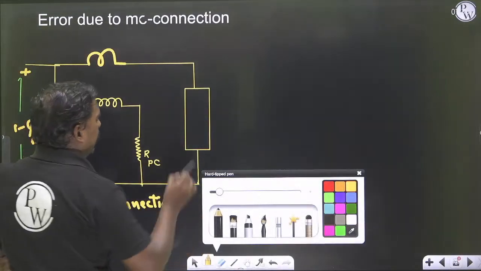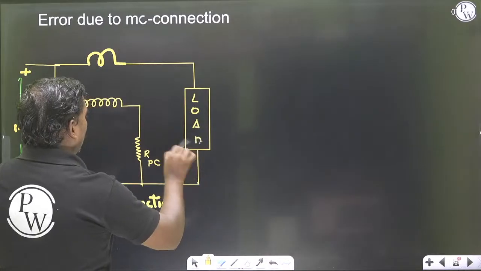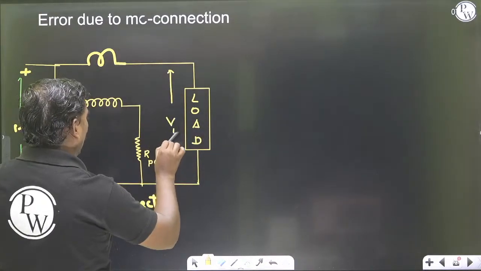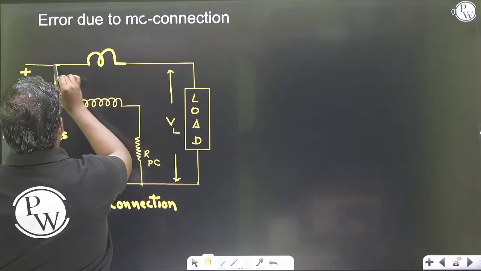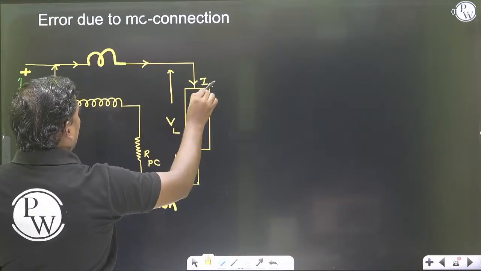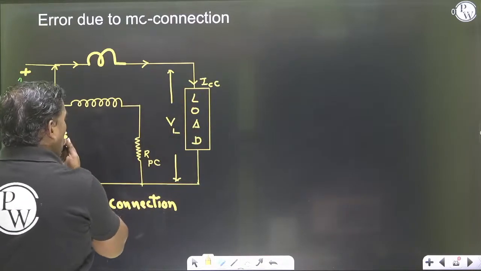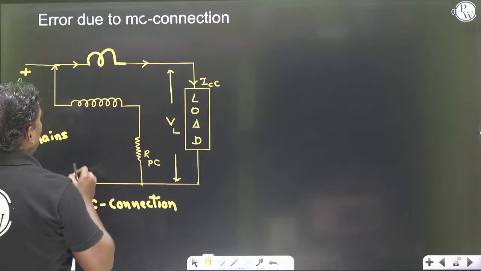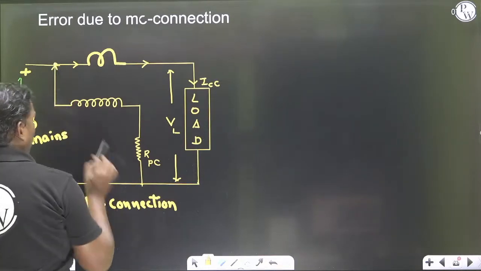So if you check this as a load, so this is VL, and जो करंट यहाँ से आ रहा है, सेम करंट विल ट्रैवल हियर, ICC, and this is the VPC between this and this.